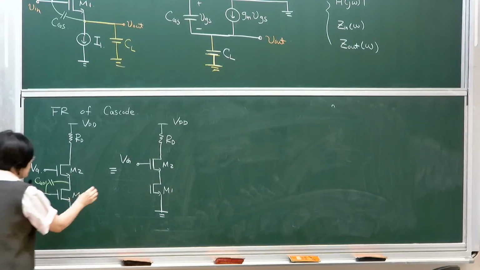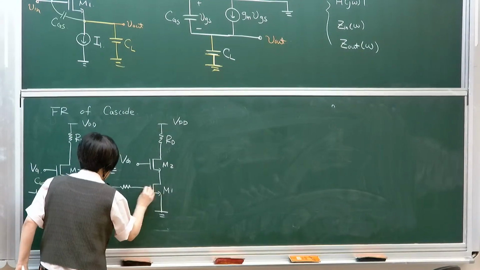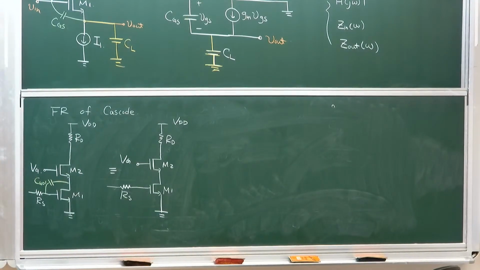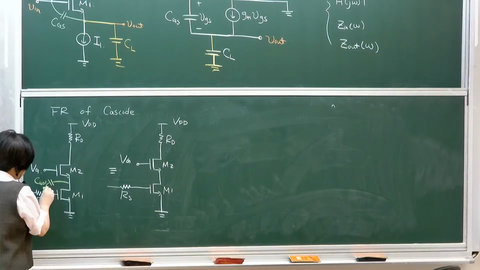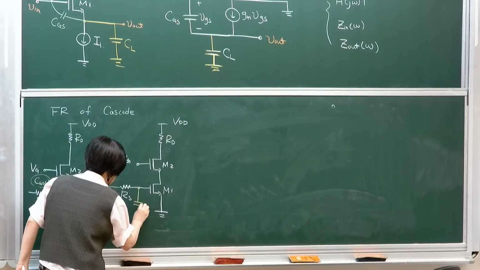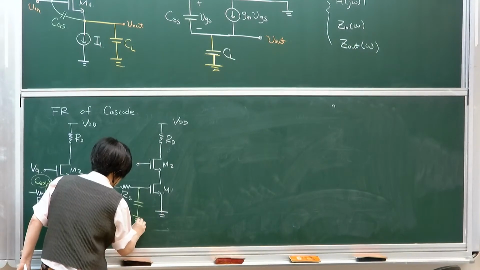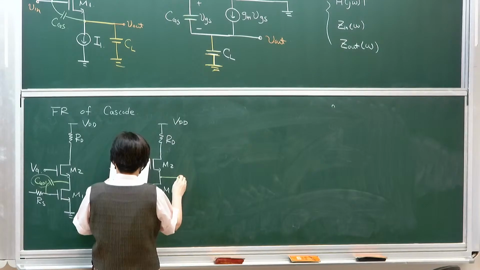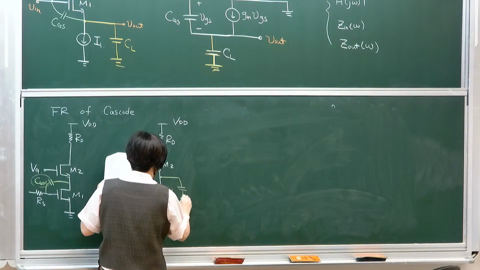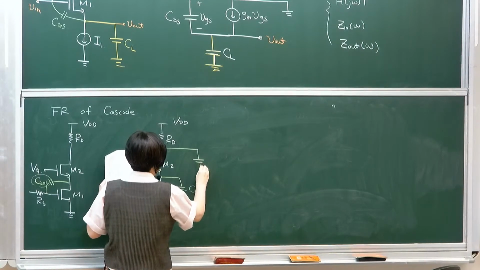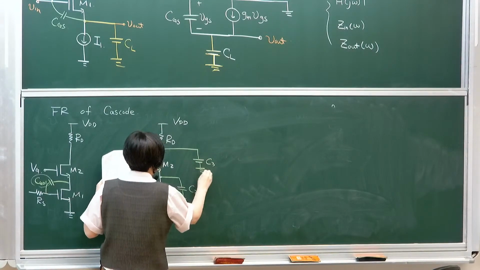Let's look at the circuit itself, the parasitic capacitance. I'm simply going to look at the effect of parasitic capacitance. So if you look at CGD1, there will be C1, and this terminal will then introduce, I actually have 3 nodes, C2, and then C3.